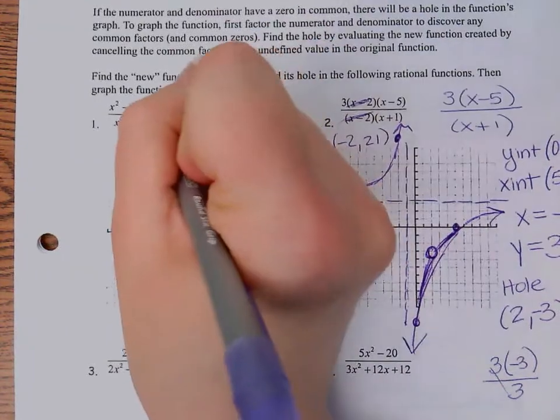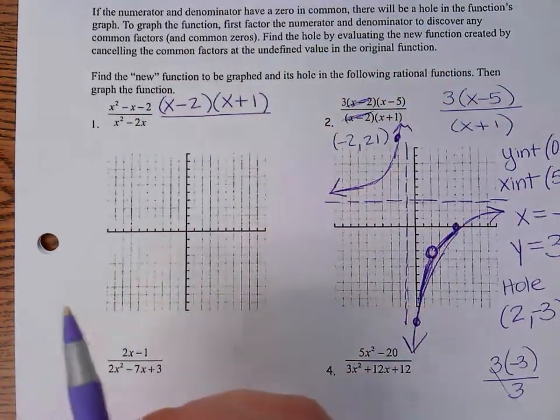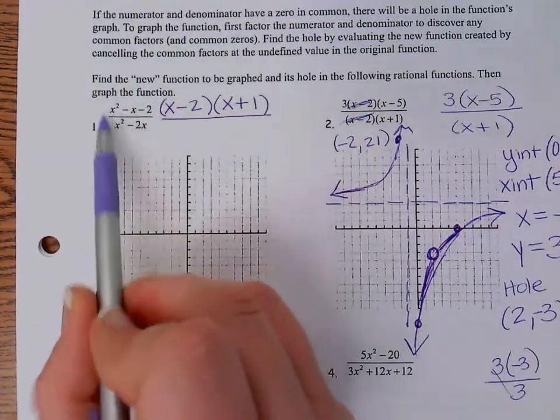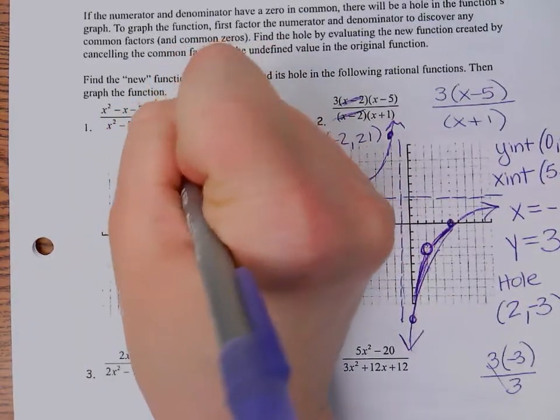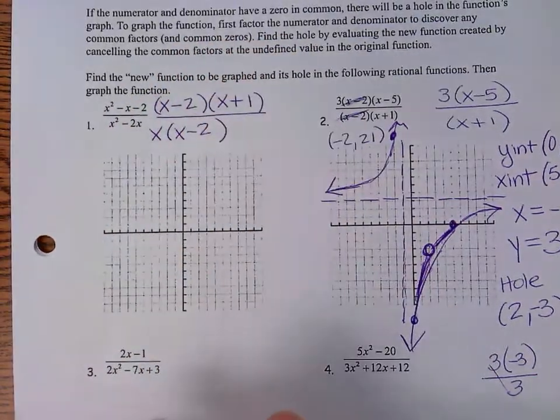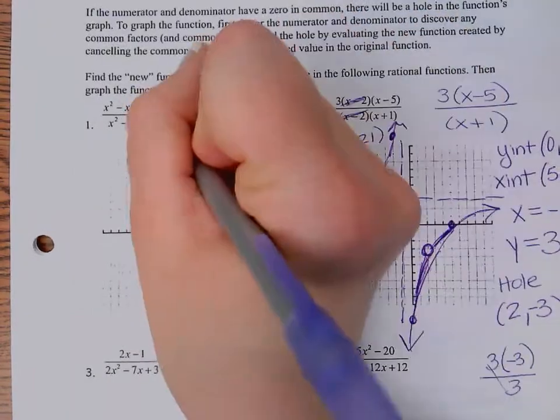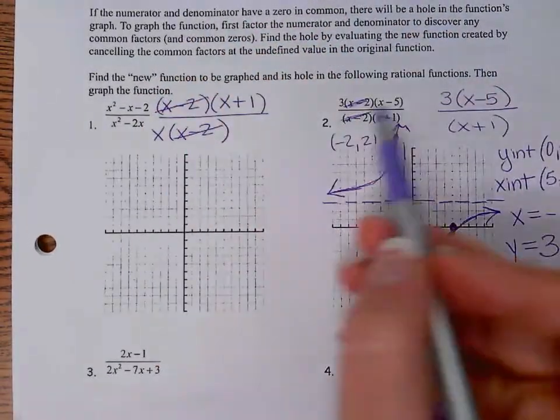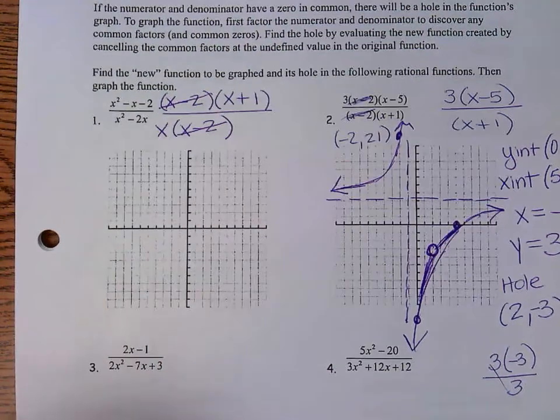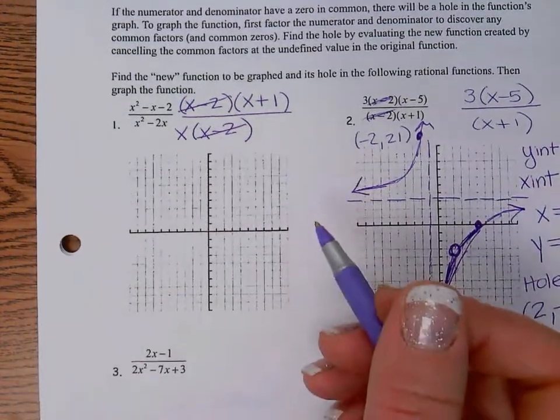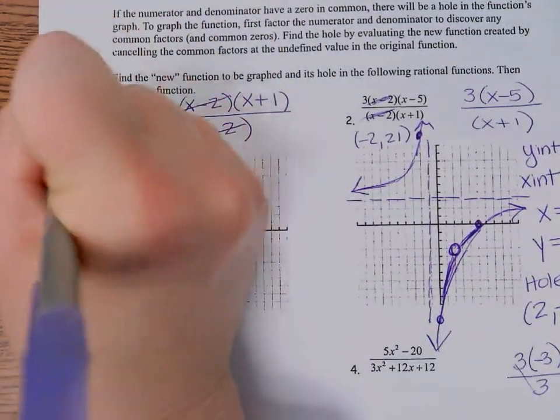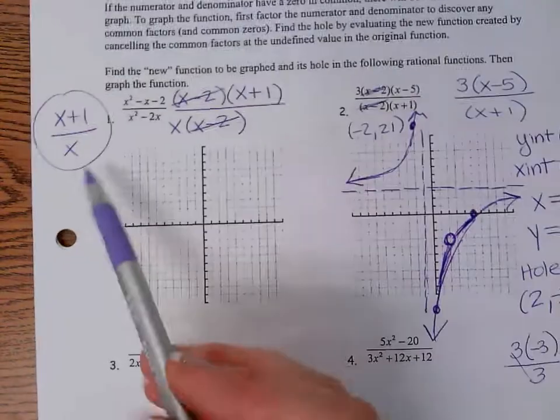And in the denominator, it looks like I've got a greatest common factor of x that I can pull out, x times (x minus 2). Just a coincidence, but now my x minus 2's cancel again, just like they did over here. It's not going to be the same factor every time, but (x plus 1) divided by x is the function I want to work on.